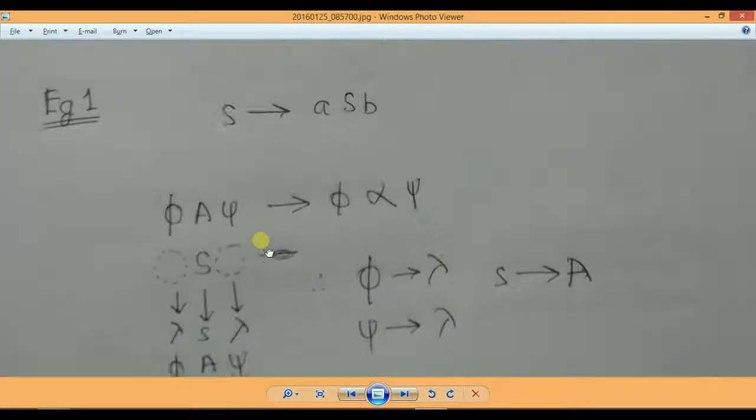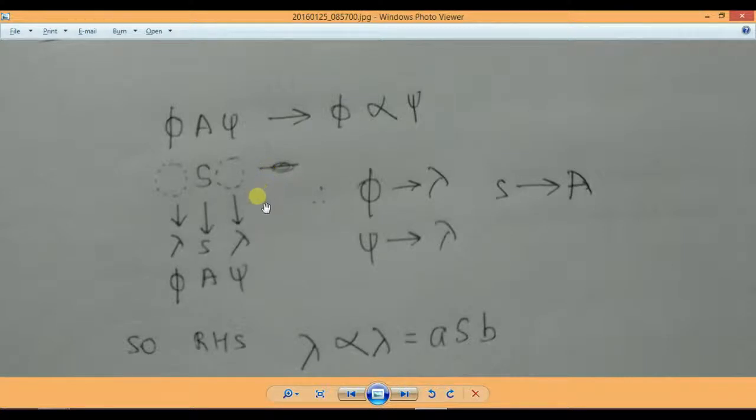Blank means null, and in the previous video I explained that null means lambda. So it's lambda S lambda, which when compared with the general form phi A psi, phi is lambda, psi is also lambda, and S is A. Okay, so A means S, phi means lambda, psi means lambda, but this should have been A tends to S and not the other way around.